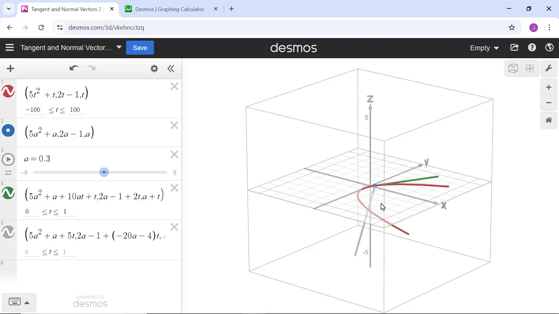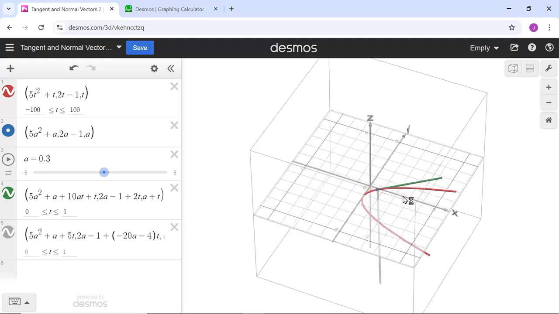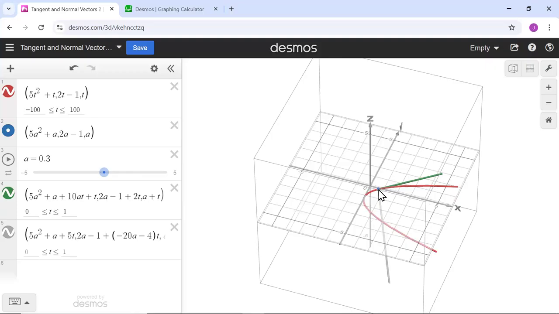In the other example that we had, what had happened is because our curve doesn't exist in a single plane, the tangent and the normal vector are going to give you orthogonal vectors.